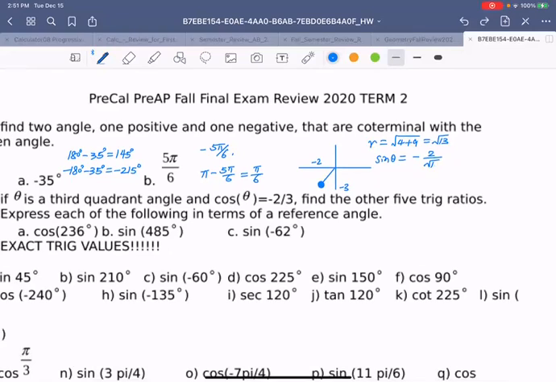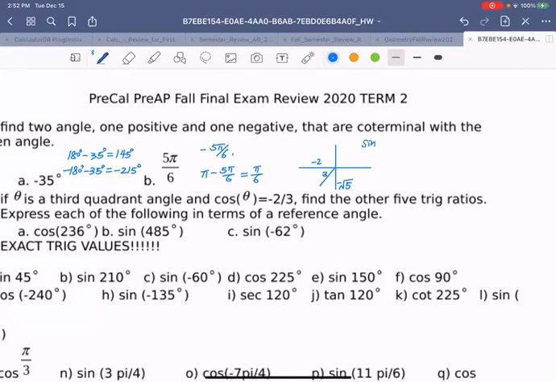Hold on, I got some typo. Cosine theta is -2/3, so the radius is 3 here. Because y is negative square root 5, since 9 minus 4 is 5.